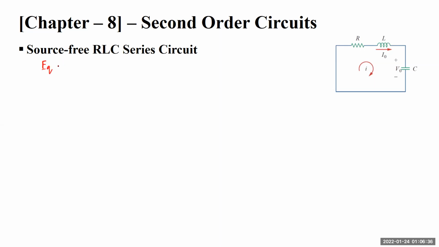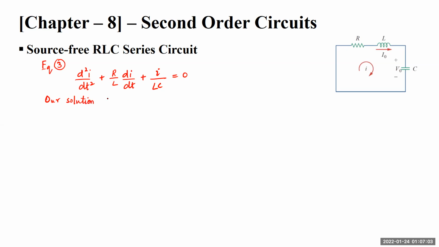Equation 3 was d square i by dt square plus R by L di by dt plus i divided by LC equals 0. So this one was our equation number 3.